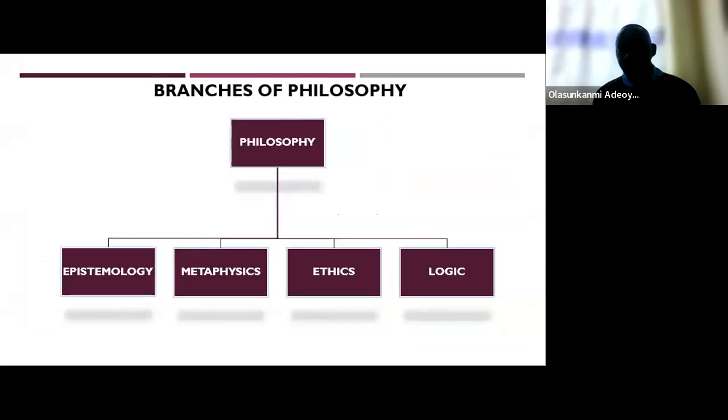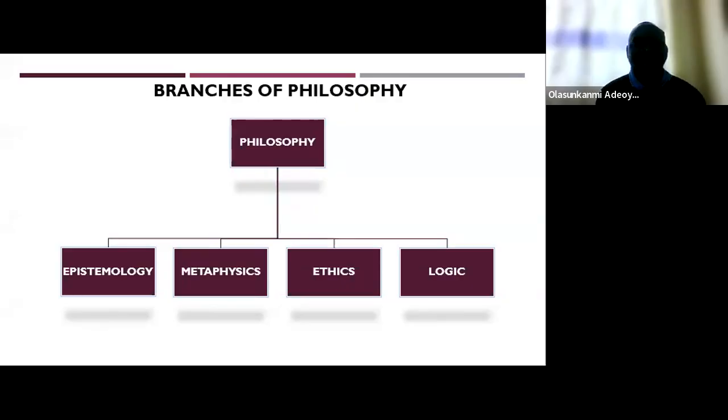Now, the last discussion for this study session will be for us to identify various branches in philosophy. Philosophy encompasses a lot of things, a lot of branches. But at our level here, we'll focus on 4 major branches. The first one is epistemology. The second one is metaphysics.